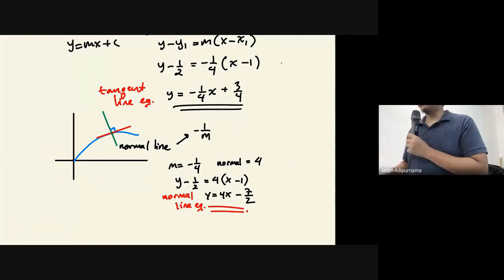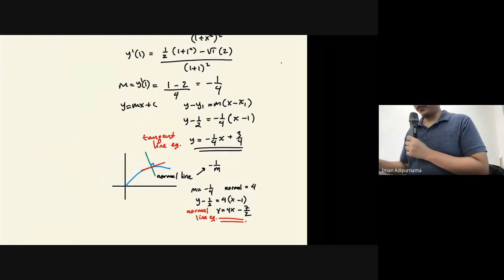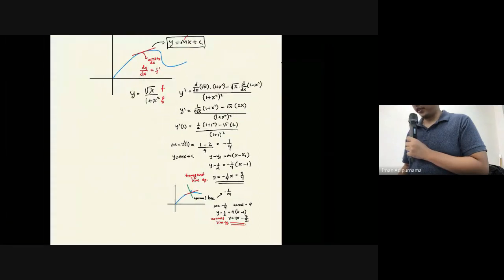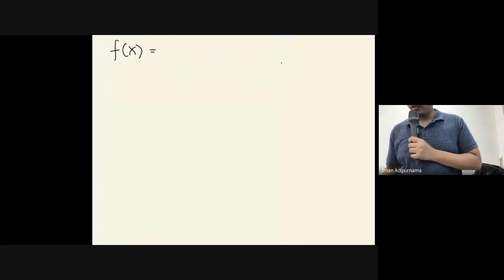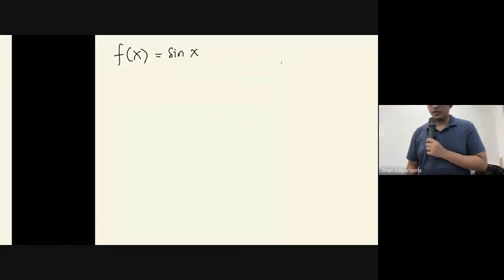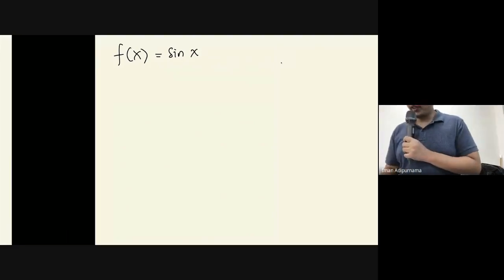Okay, let me move to some essential functions for trigonometry and some proofs for trigonometry. For example, the function sine x. We want to prove the derivative of sine x. Same thing, we need to write all the limits.